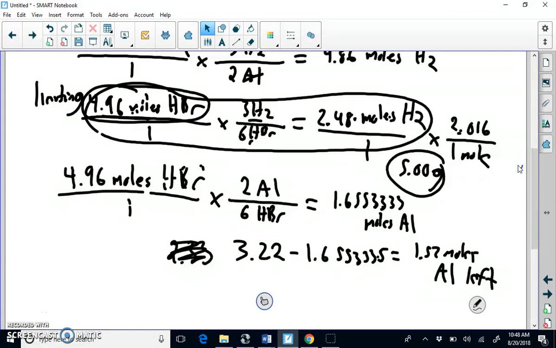Then you know how much of this is reacting, and you can subtract it from the total to find the amount that will be left over in the reaction. Now, they could ask this in grams, so you would have to multiply this by the molar mass in grams, and if they give you the gram amount, then subtract the grams. I hope everyone sort of understands that process.